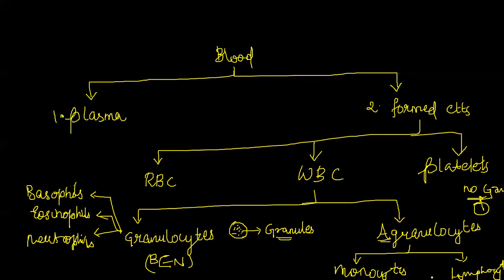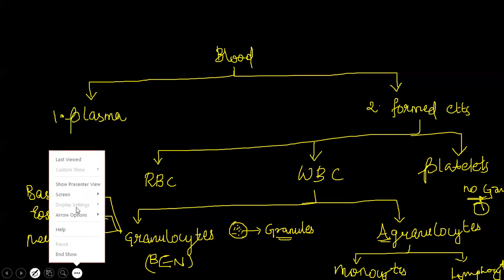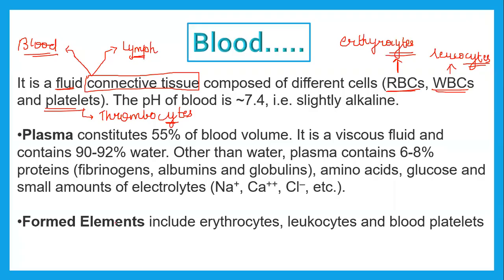Agranulocytes don't have any specific kind of granules in their cytoplasm. Granulocytes you can remember by a code, that is BEN: basophils, eosinophils, and neutrophils. Monocytes and lymphocytes come under agranulocytes. So this is the basic classification that we should know before entering into this chapter in detail.